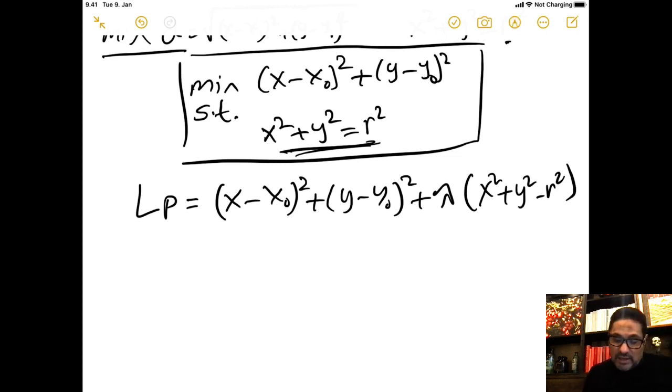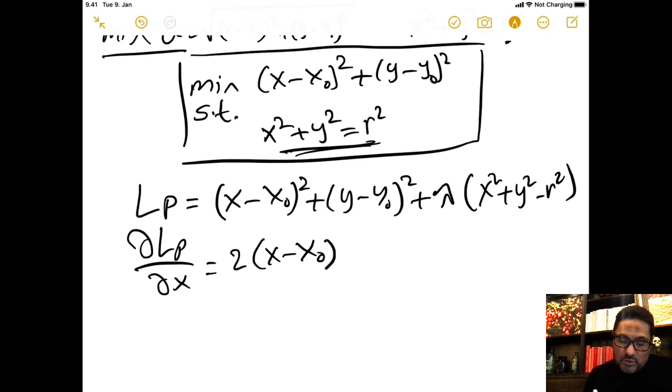We can find the optimum points by partially differentiating this L with respect to x, y and lambda. So we have the derivative of L_P with respect to x. This will be 2 times (x minus x0) plus 2x times lambda equal to 0.